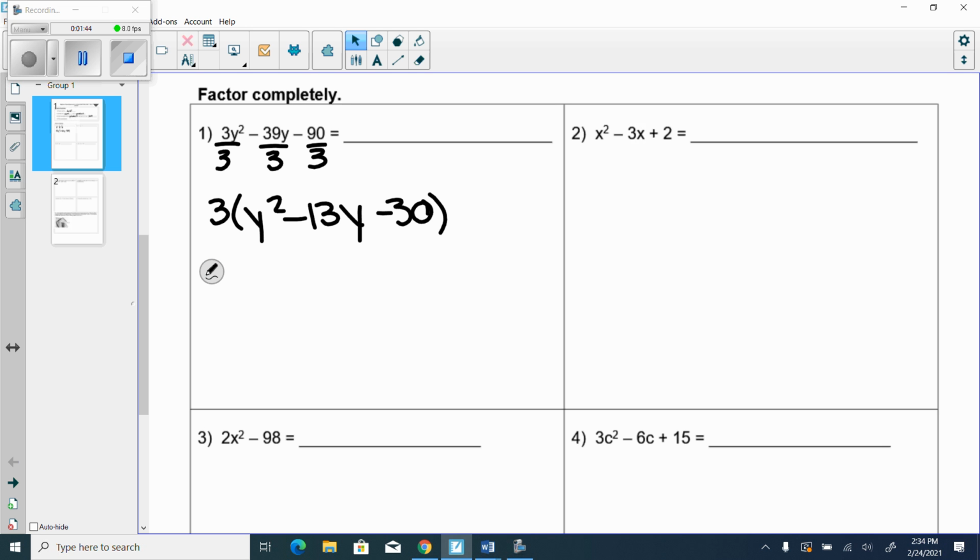Okay. So then I need my sum and product, which are going to be negative 13 and negative 30. Very good. It is going to be 15 and 2, but because our product is negative, one of those has to be negative.